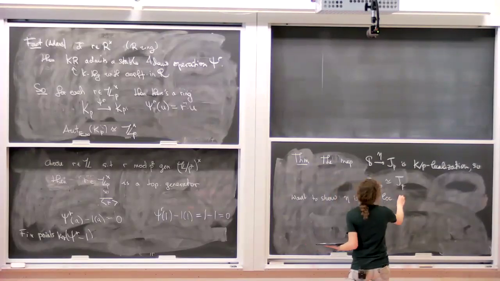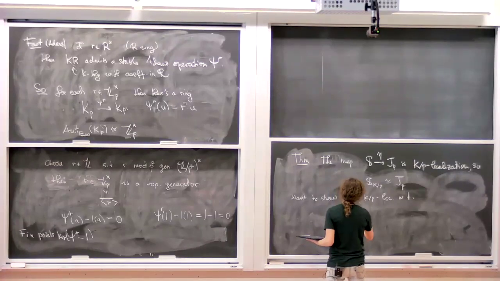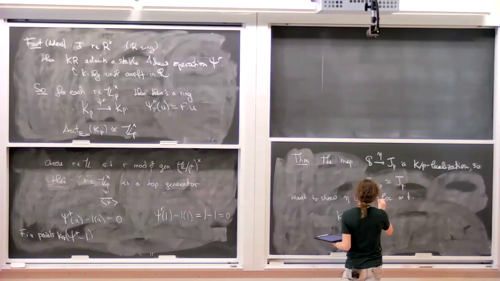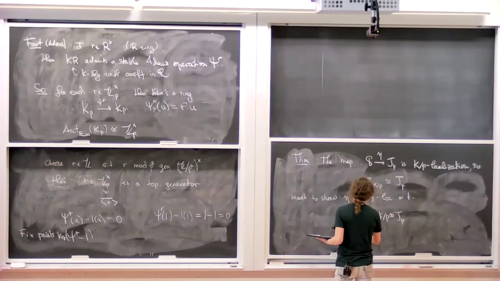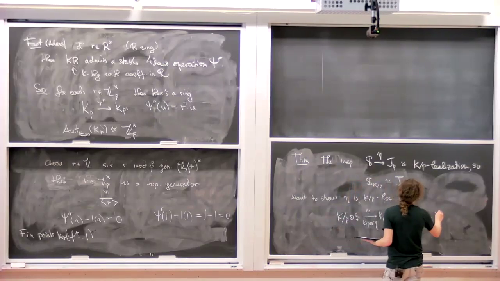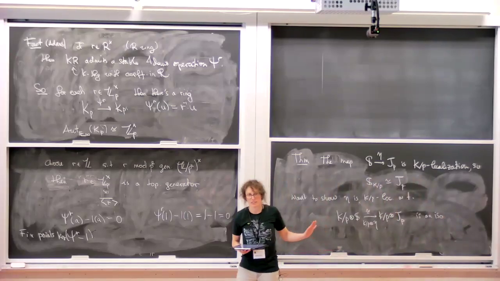So we want to show that if I take K mod P tensored with S, and then K mod P tensored with JP, this is an isomorphism. Because JP is local, that would be done. That's all we need, okay?